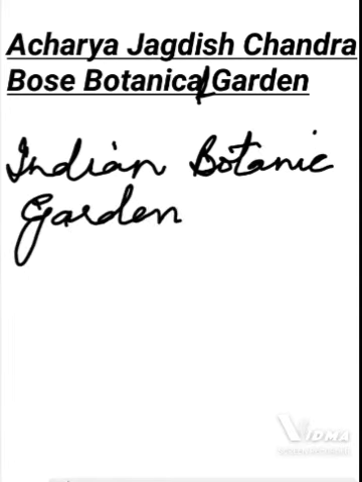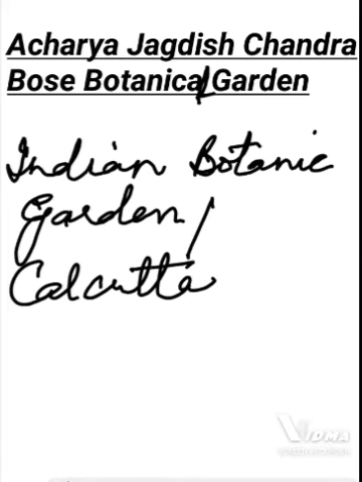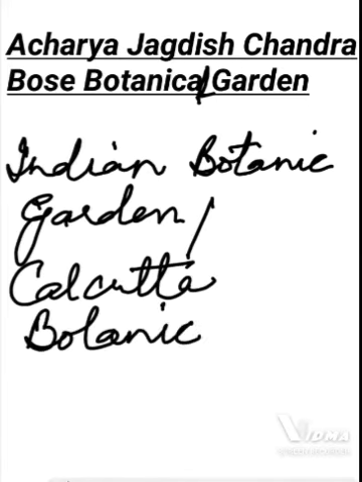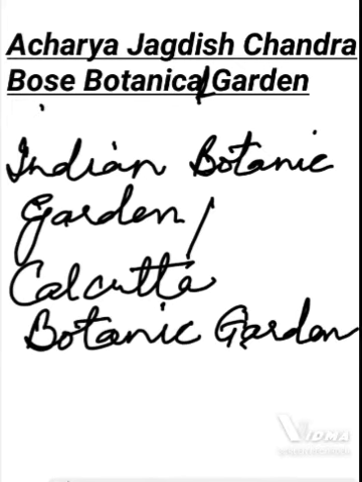And then it was also known as the Calcutta Botanic Garden. So these were the old names that were used earlier, and this new name, the Acharya Jagdish Chandra Bose Botanic Garden, was given in 2009.